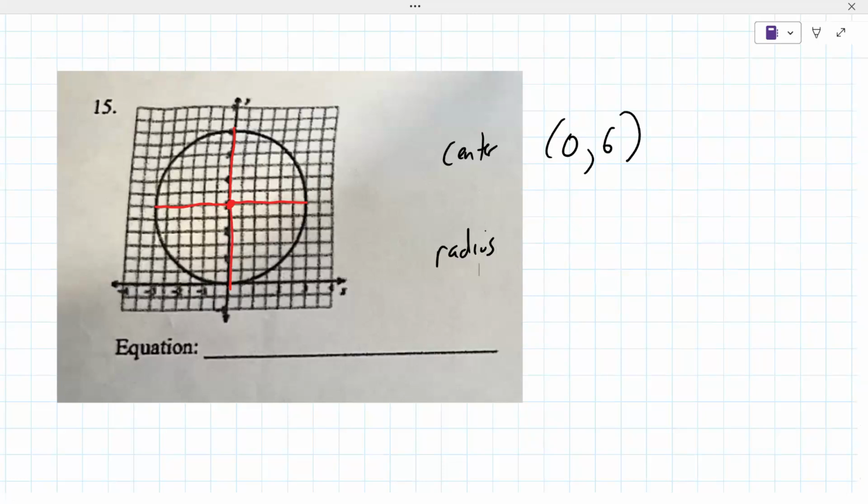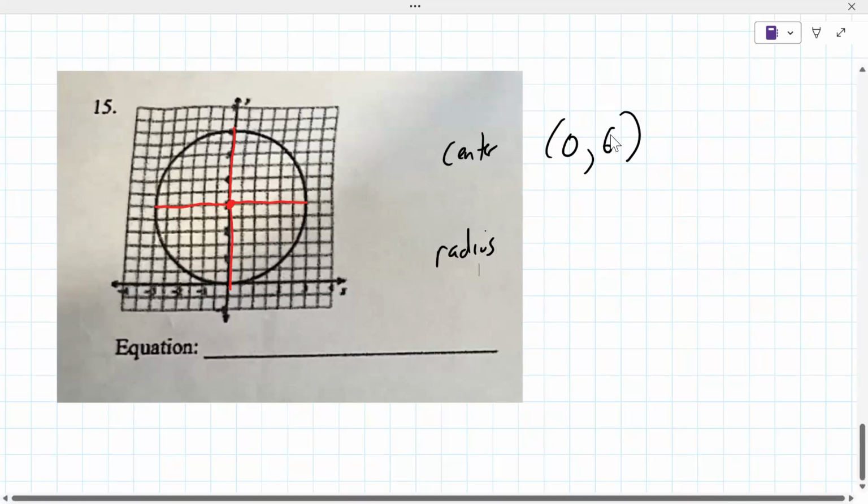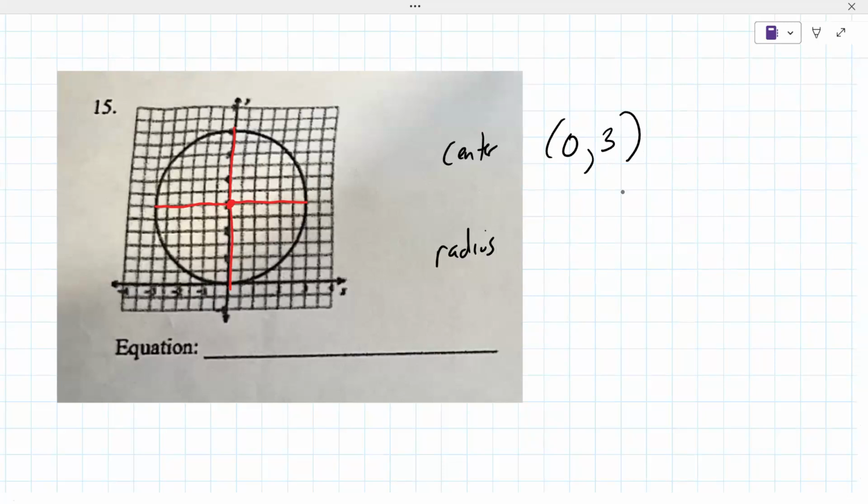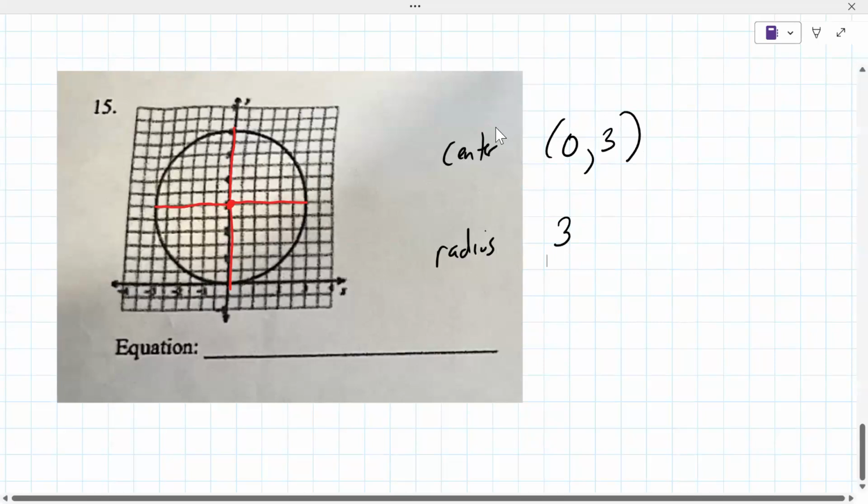It's two boxes is 1. So then this center actually is probably 3. And the radius is also 3. It's really hard to tell.